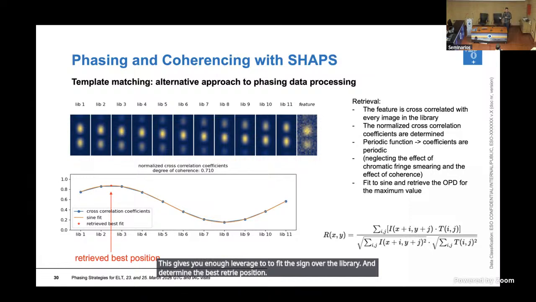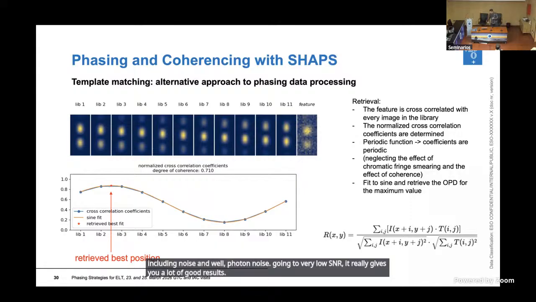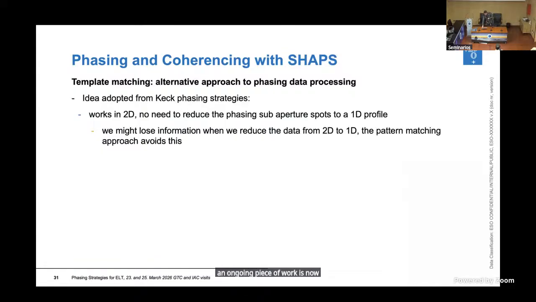That's really nice. So it's super robust, making analysis including noise, photon noise, going to very low SNR, it really gives you good results. An ongoing piece of work is now that we adopted this from CAC. Okay, they came up with that many years ago.